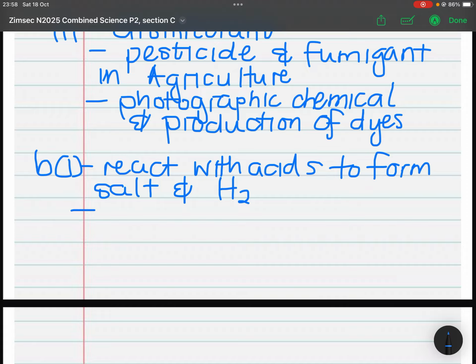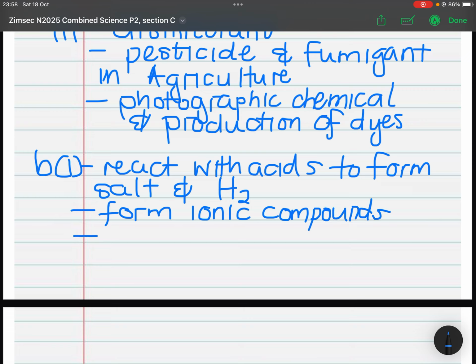And also they form ionic compounds with high melting and high boiling points. So they react to form ionic compounds. These ionic compounds are going to have high boiling points and also high melting points.